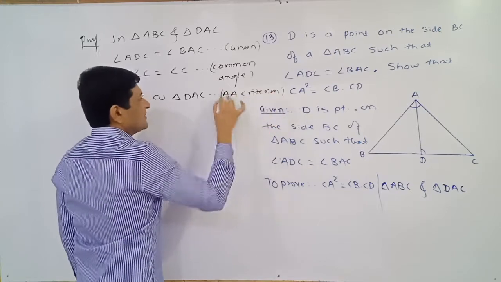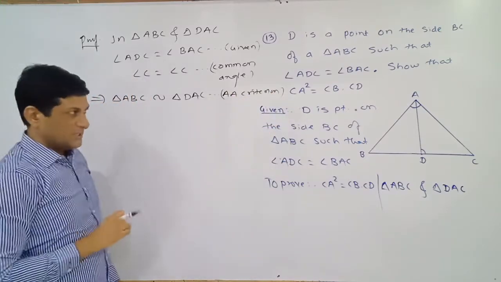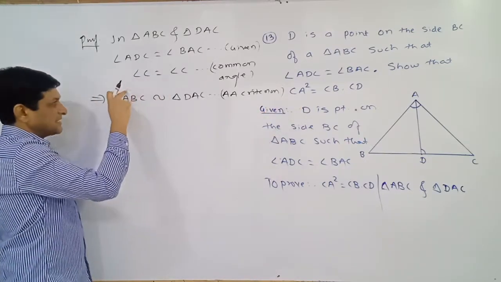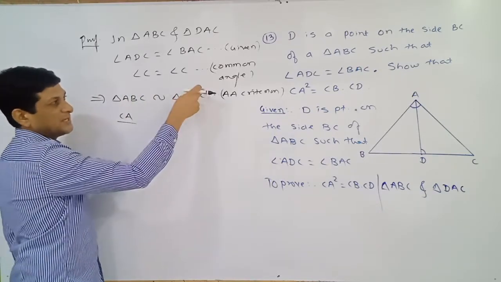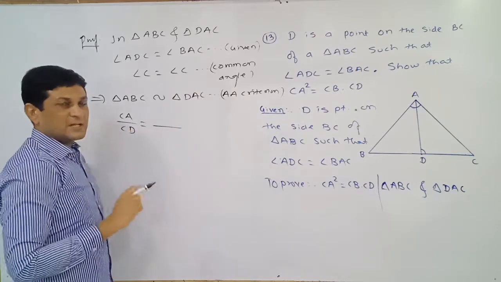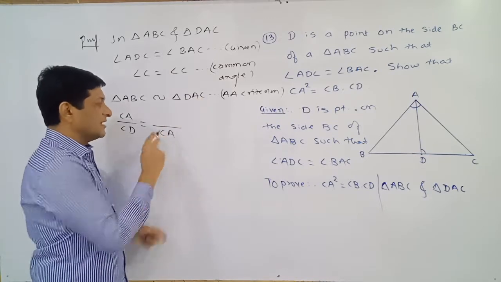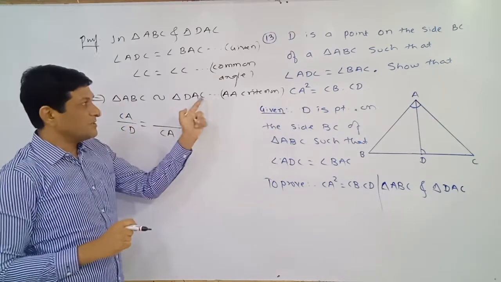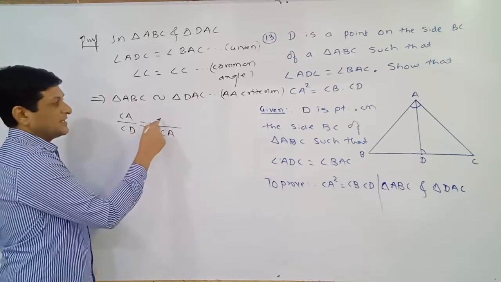Once these two triangles are similar, we can say that corresponding sides are in proportion. But if you observe our required result, CA. Now consider CA of the first triangle. The side corresponding to CA will be CD. So CA upon CD is equal to, now we are considering side CA of the second triangle, because CA into CA will become CA square. So which is the corresponding side of CA here? CB.